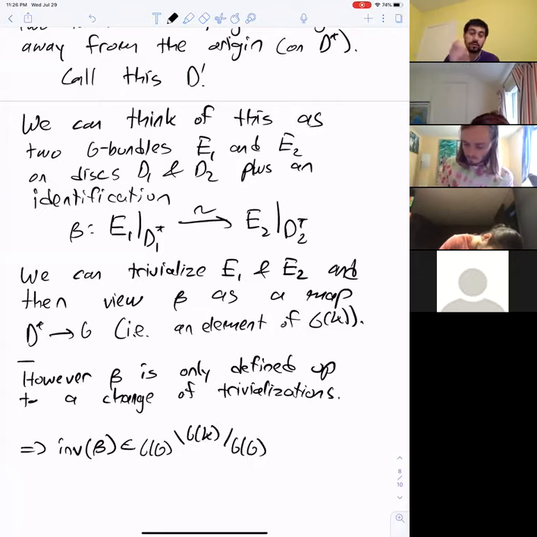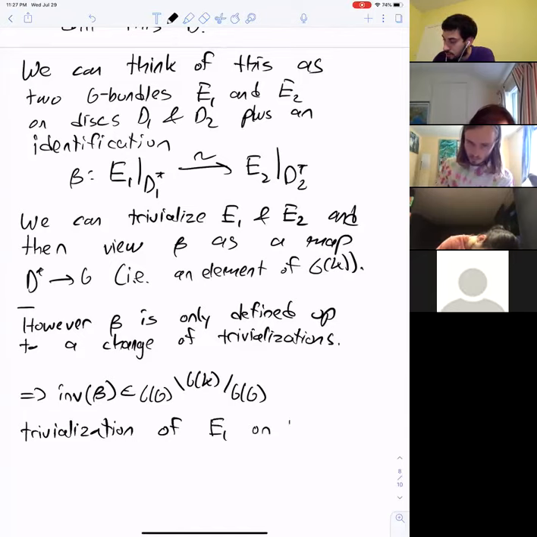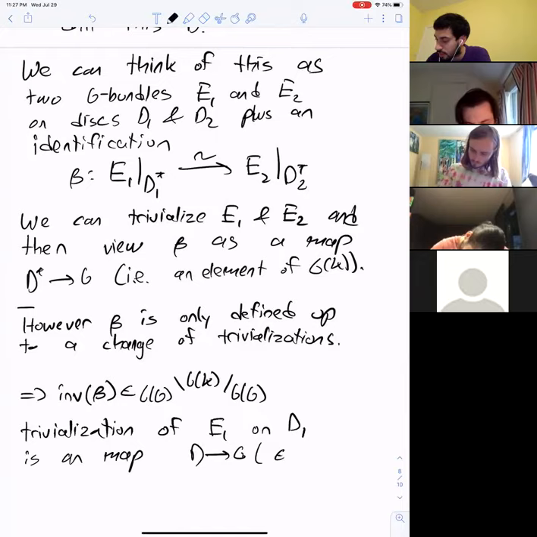Changing the trivialization corresponds to multiplying by an element of GO, either on the right or on the left, because a trivialization of E1 on D1, a trivialization of a bundle on the disk, is a map from D to G, i.e. an element of GO.